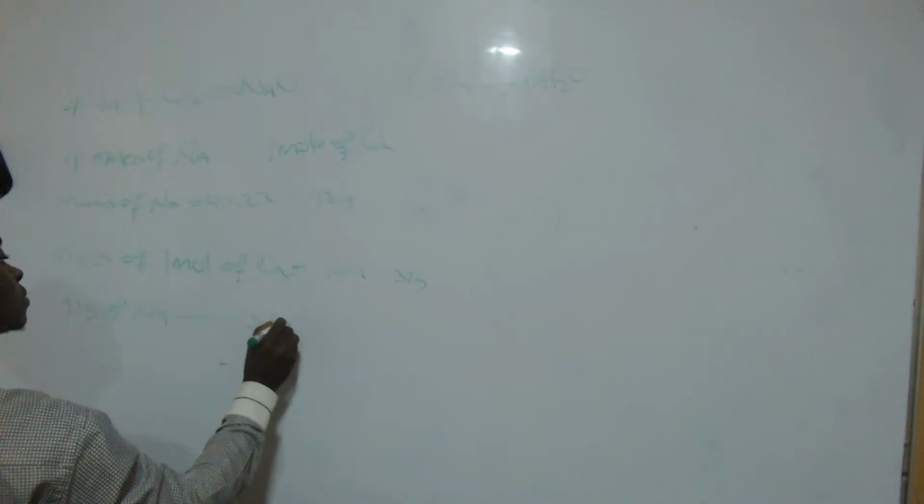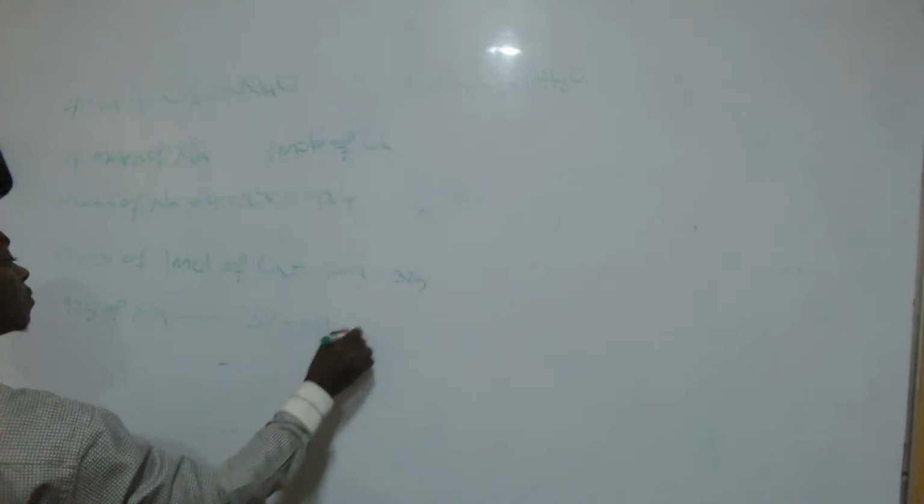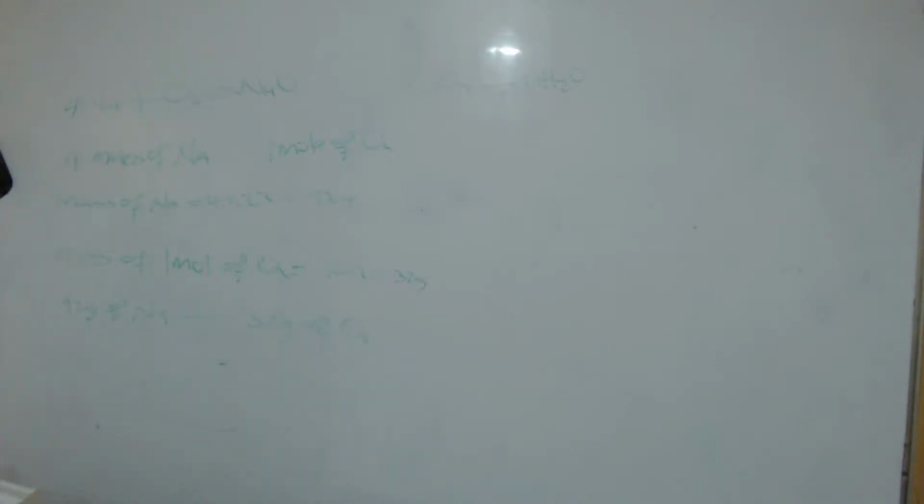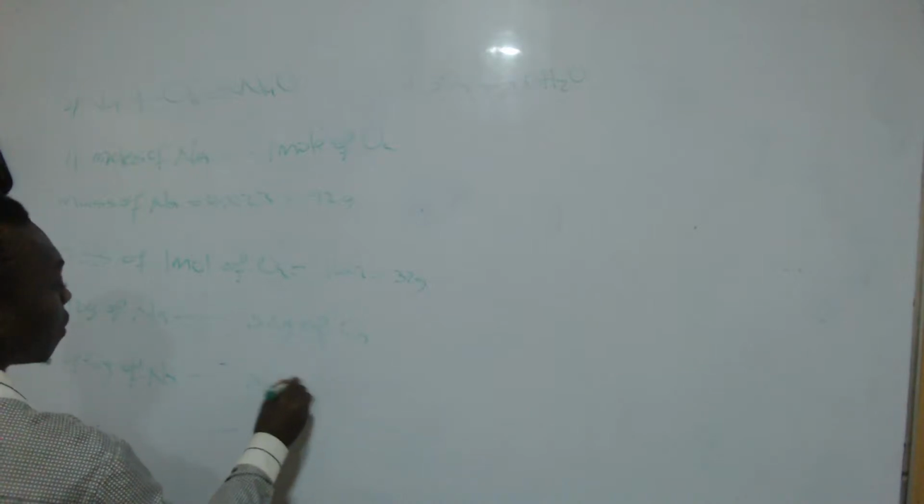Now we have finally converted from moles to mass. Since we are being asked, what is the mass of oxygen needed to burn 4.6 grams of sodium? 92 grams of sodium gives 32 grams of oxygen, and 4.6 grams of sodium gives X grams of oxygen.